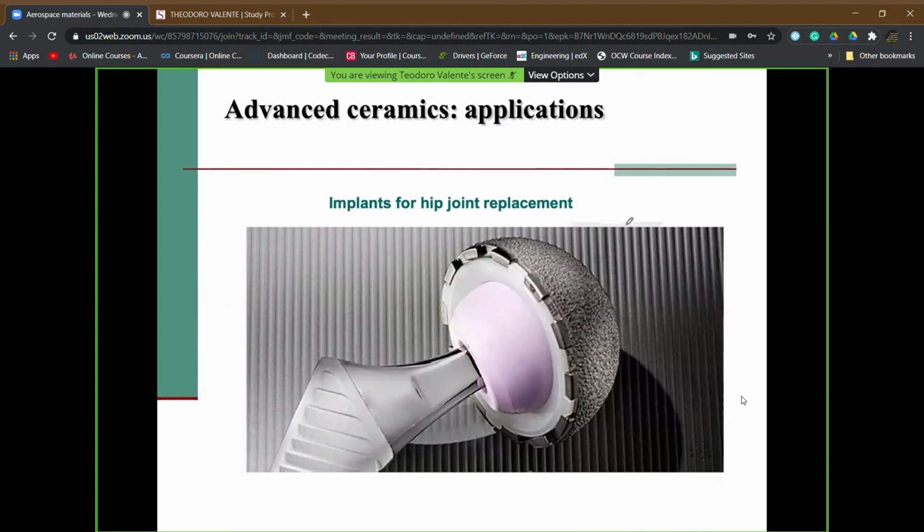There are also other applications. I will close the discussion of today on this slide. This is one example outside our field: the use of bulk ceramic materials, this pink part here, as implants for hip joint replacement. This is also made to some extent by partially stabilized zirconia.